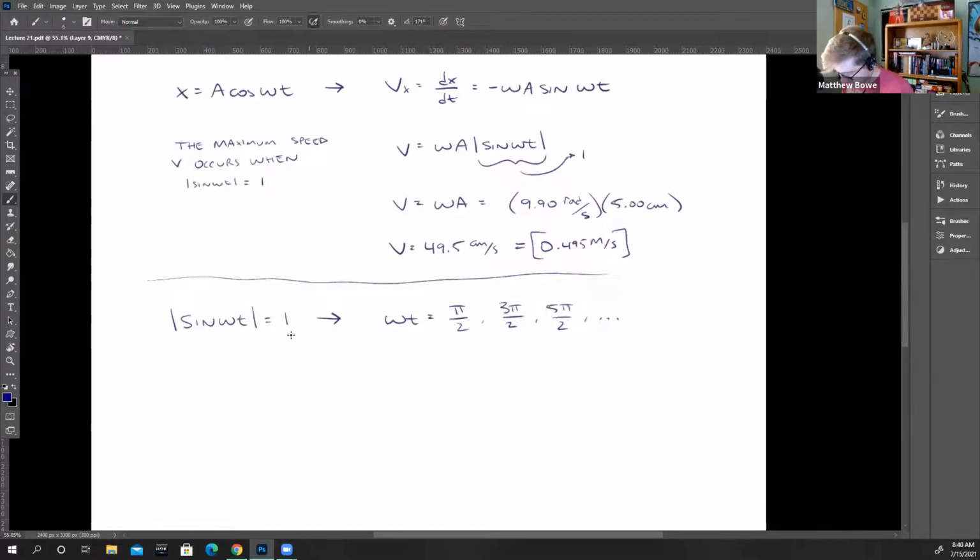So let's take that pi over 2, and we're taking this and solving for t. That's what I meant to say. t equals pi over 2 omega.